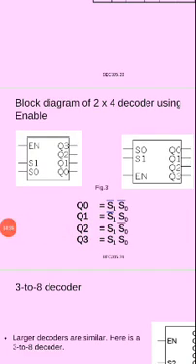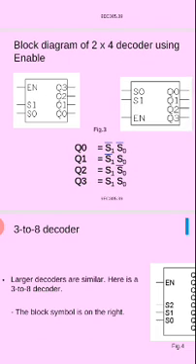This is the block diagram of a 2 to 4 decoder with the enable input. Q0 equals S1 bar S0 bar, Q1 equals S1 bar S0, Q2 equals S1 S0 bar, Q3 equals S1 S0.